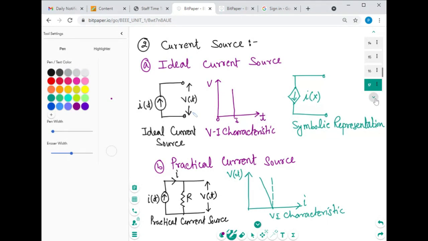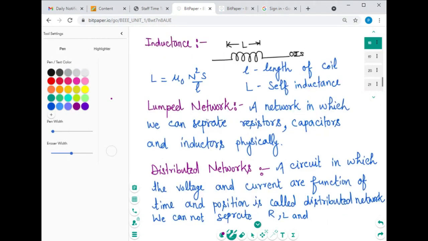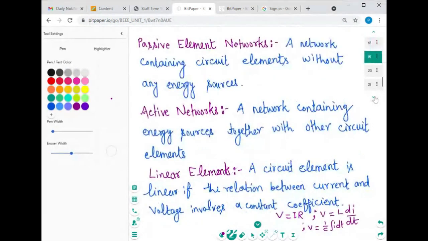We saw the symbol of inductance, and we saw a lumped network and a distributed network. What do we mean by lumped network? Lumped network means that we can separate the resistor, capacitor and inductor from the circuit, whereas in a distributed network we cannot separate them.